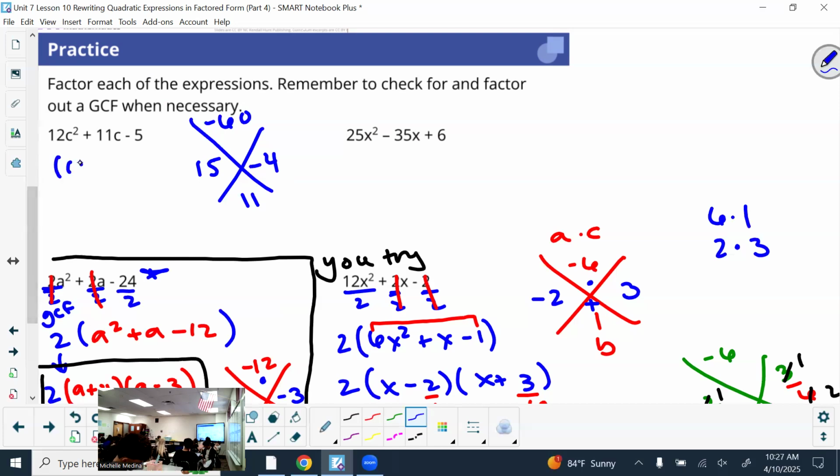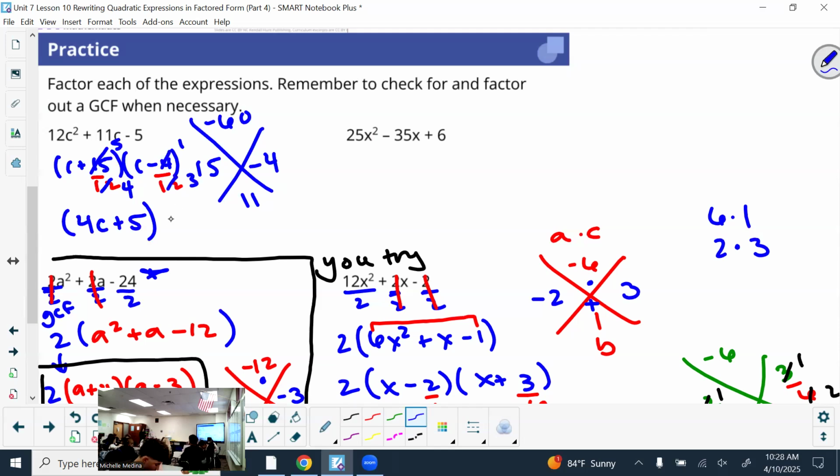Then I need to divide by A, which was 12. Reduce the fractions. It ends up being 4c plus 5 and 3c minus 1.